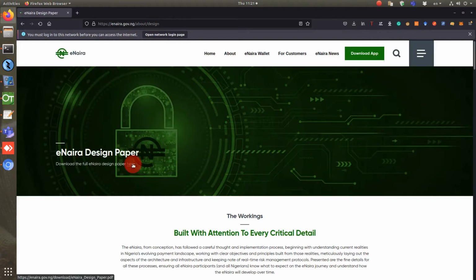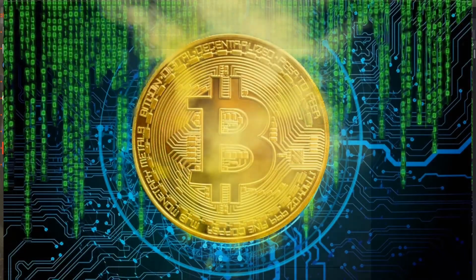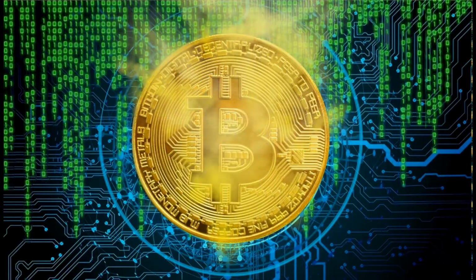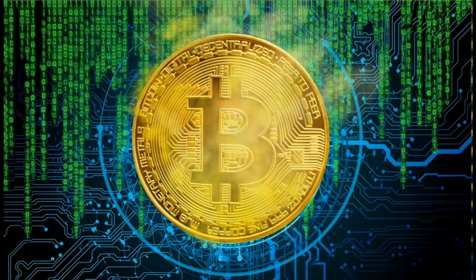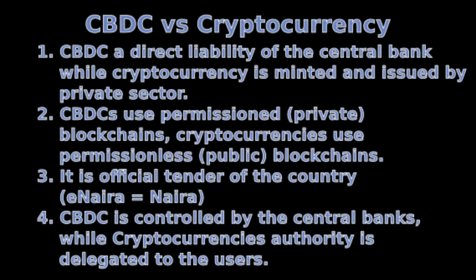The central bank digital currency, CBDC, should not be confused with cryptocurrencies like Bitcoin. Here are some differences that I found. CBDC is a direct liability of the central bank, while cryptocurrencies like Bitcoin are minted and issued by the private sector.